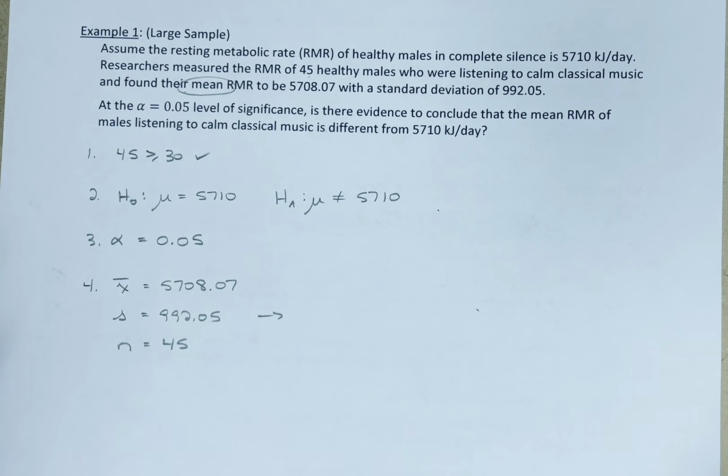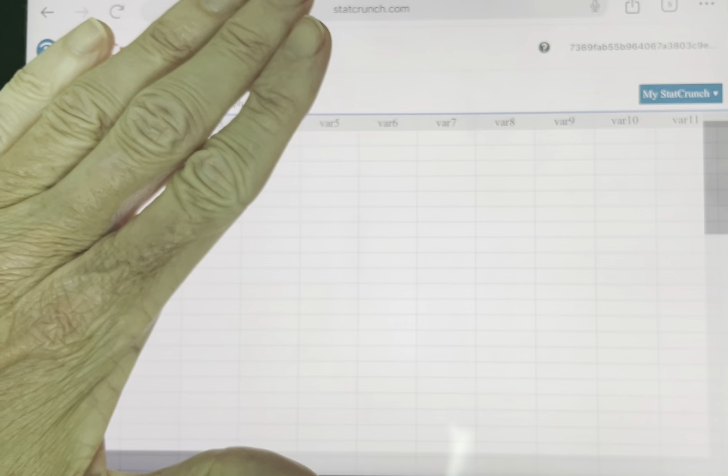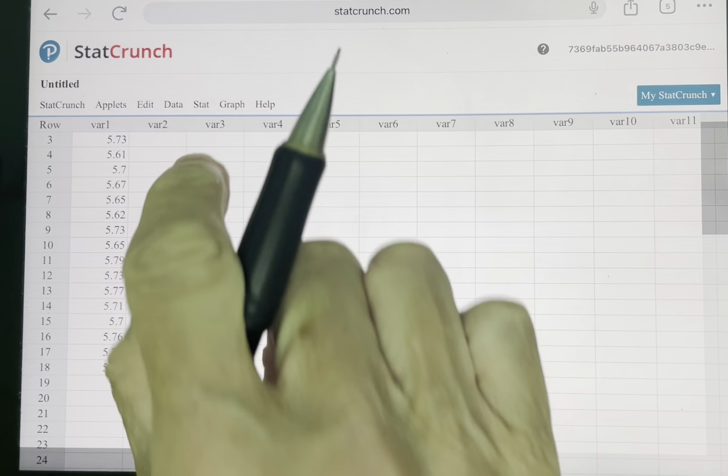Okay, and let's come out of that. So we need to know that information to go into T Stats, if I'm not mistaken. So let's go into our calculator. Let's go into Stat.